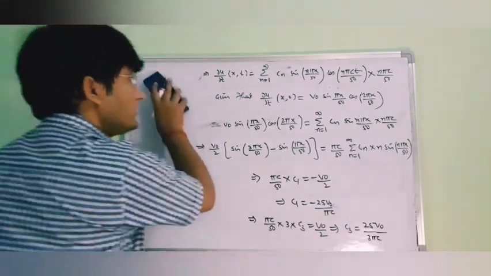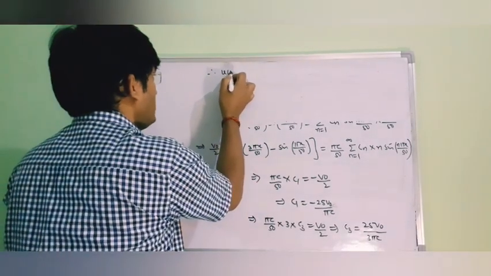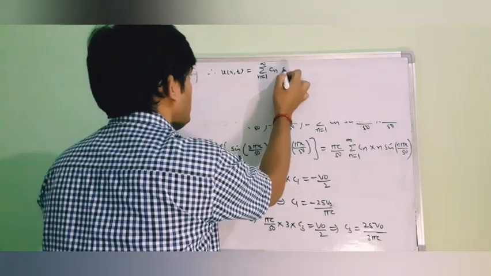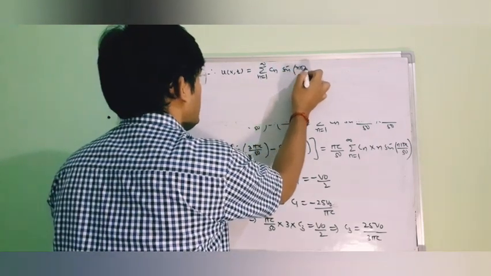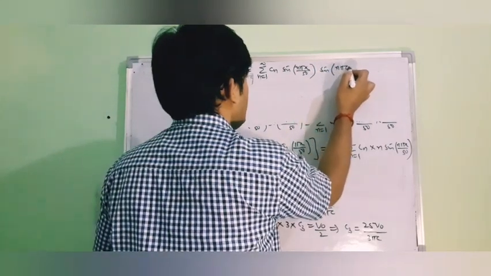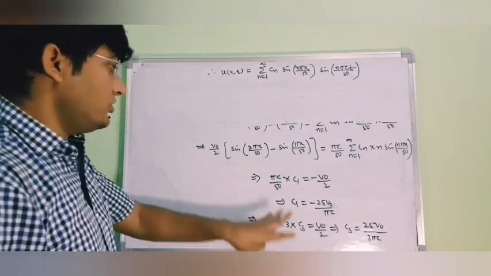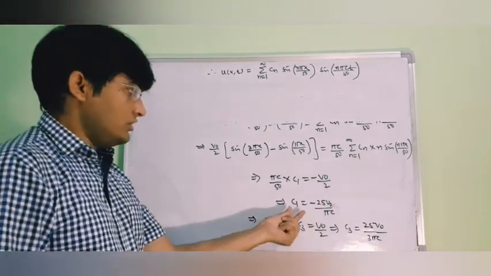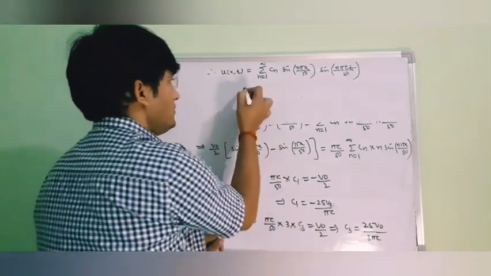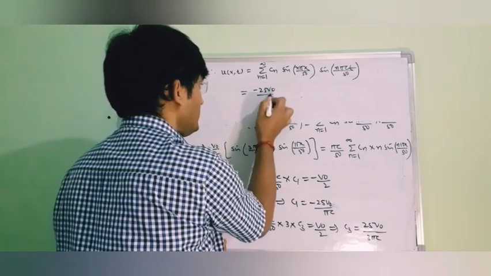Therefore your solution is, our u(x,t) was summation n equal to 1 to infinity cn sin n pi x upon 50 into sin n pi ct upon 50. This was the solution. Now we have only two values of cn. One is c1 and another is c3. So let us put the value of c1 as minus 25 v naught upon pi c.